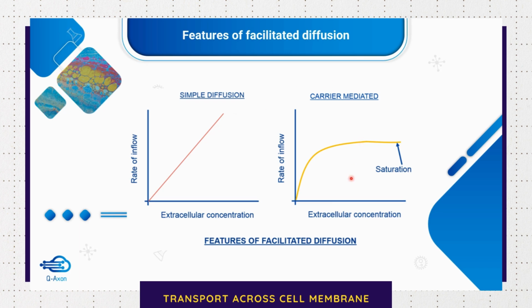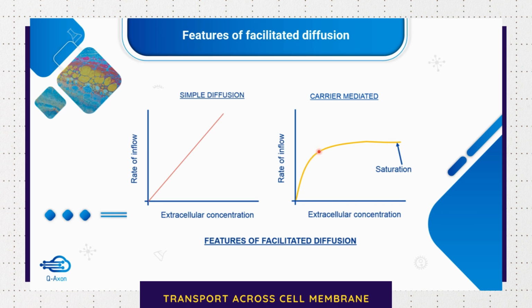On the other hand, you see the graph of facilitated diffusion. The x-axis is showing extracellular concentration, same as here, and the y-axis is showing the rate of inflow. Now, you see that for some value of extracellular concentration, this graph is linear, right? So, rate of inflow is linearly increasing with extracellular concentration.